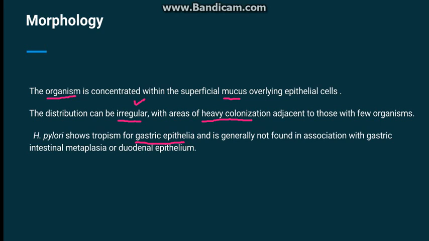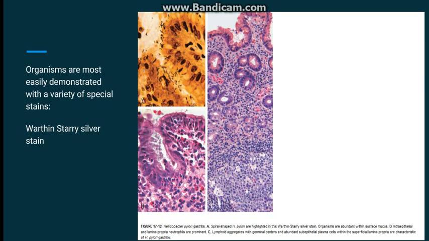Going to the microscopy further, the organisms can be demonstrated on routine stains like this one, and also on special stain like Warthin-Starry silver stain. Here we can see this stain, and multiple rod-shaped bacteria can be seen.